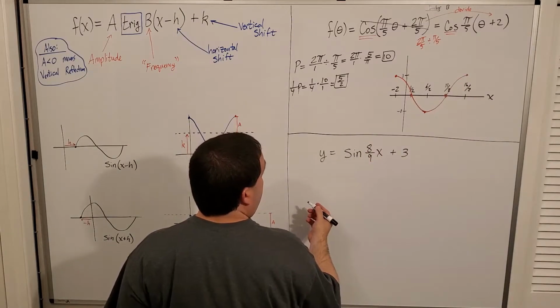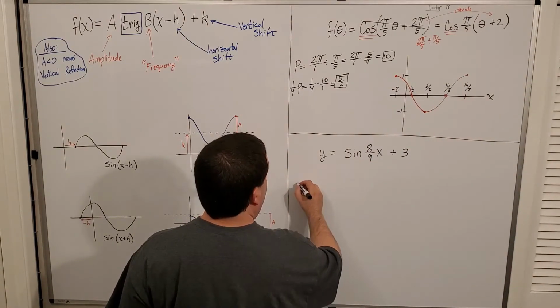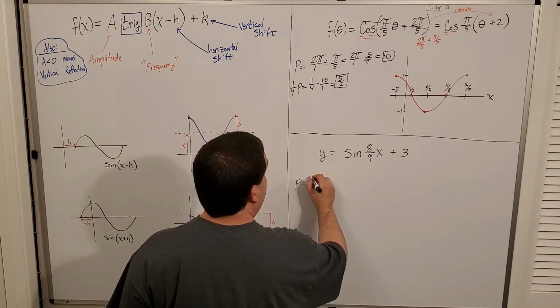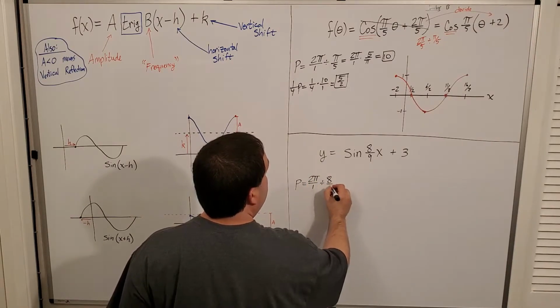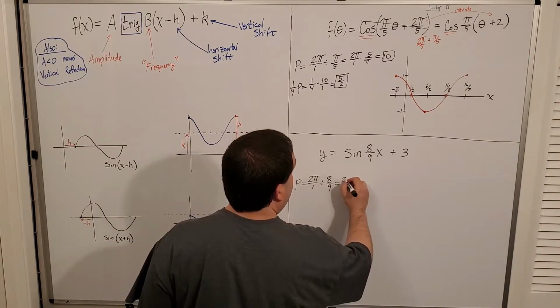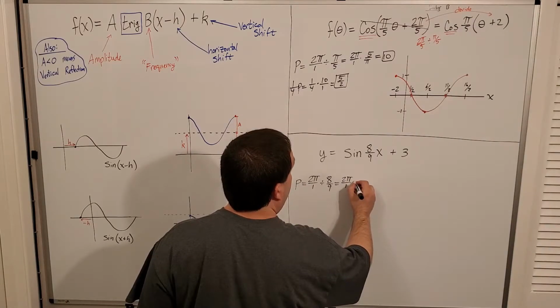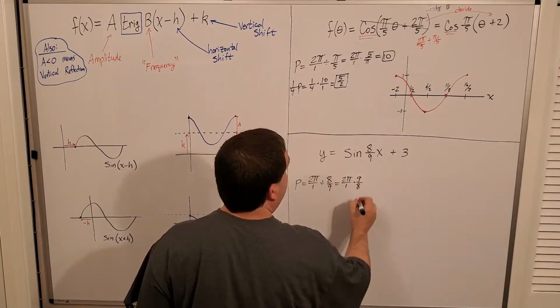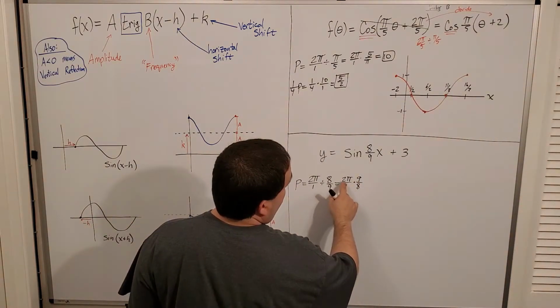8/9 is my frequency here. So my period is going to be 2 pi divided by 8/9. That's going to give me 2 pi times 9/8. So I can reduce this a little.